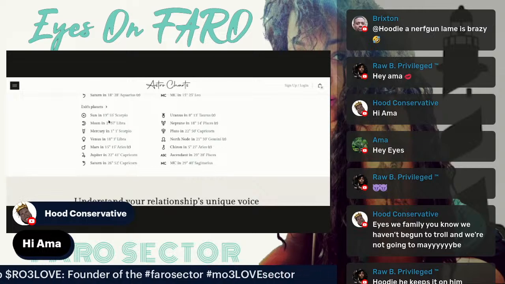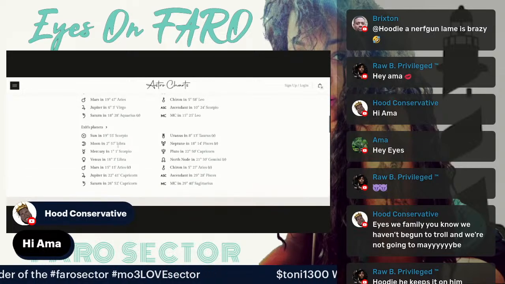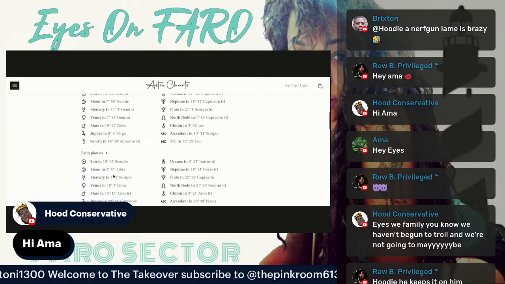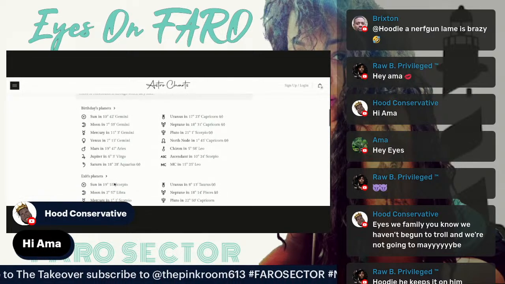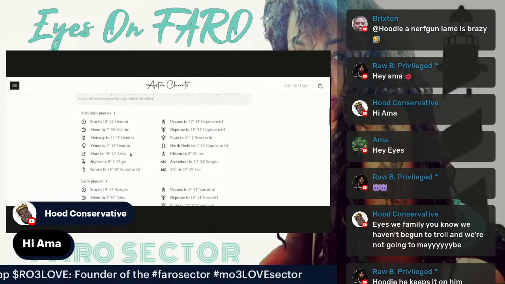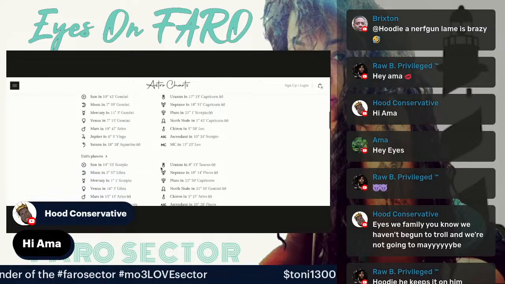And if you look at his Saturn, his Saturn was in Aquarius at 1828. Any numbers that you see that have eights, you have to pay attention to those numbers. We know he was 28 when he passed away.